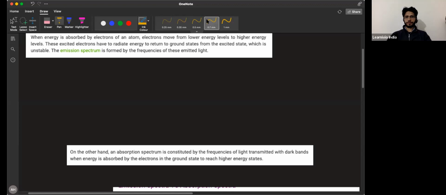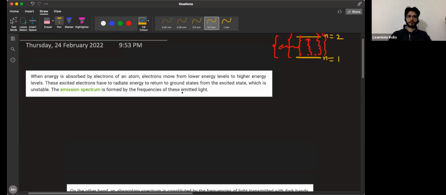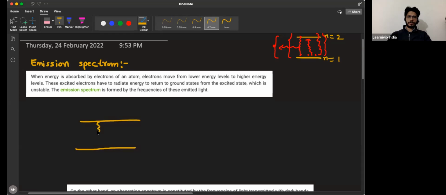It's fully clear. So this is the definition of emission spectrum. Tell me once you have written it, then come to the next. So in the emission spectrum, electrons move from higher energy state to lower energy state.